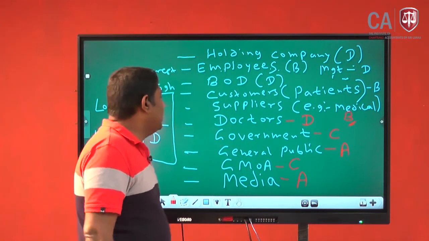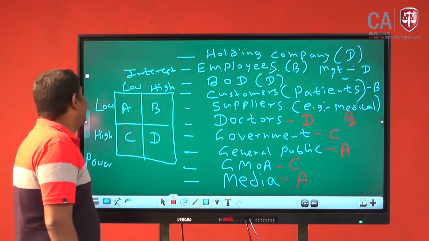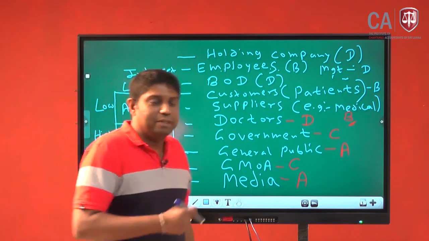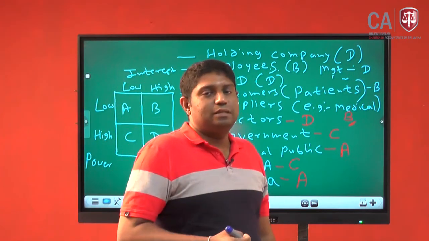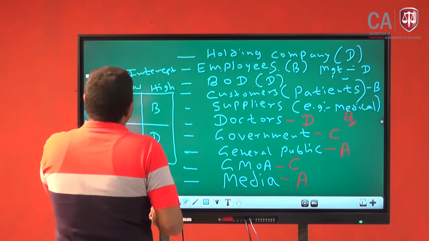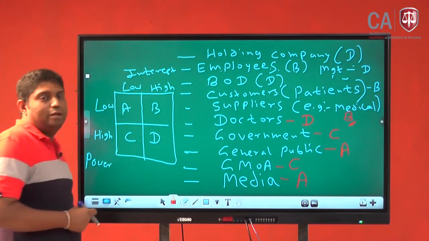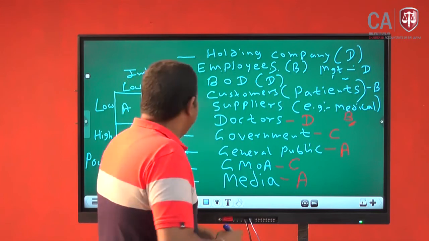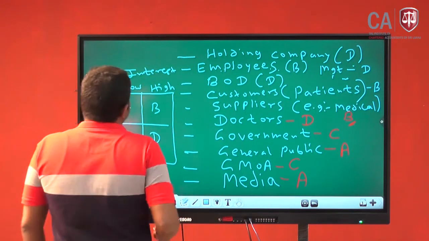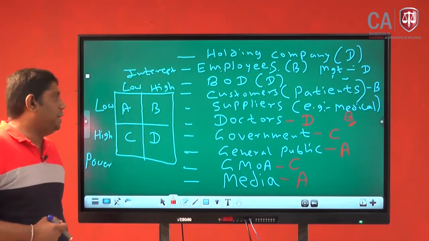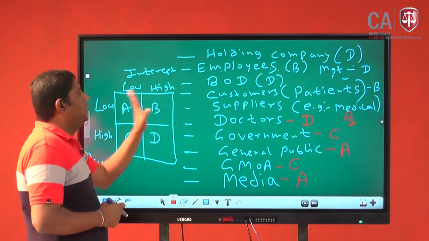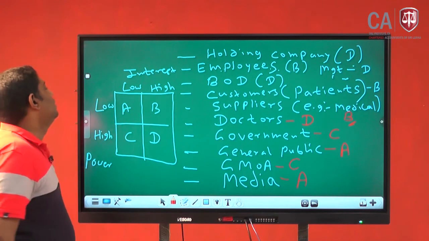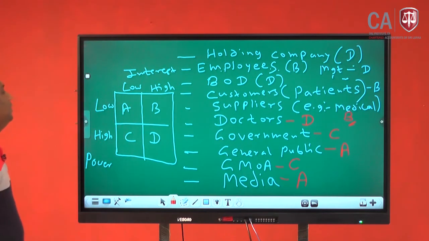Here for GMOA I assume their interest is low, power is high, but if something happened to their members, in that scenario, they may be D. If you still think they are much interested, then you can categorize them under group D, right. This is based on my argument. I did the classifications.